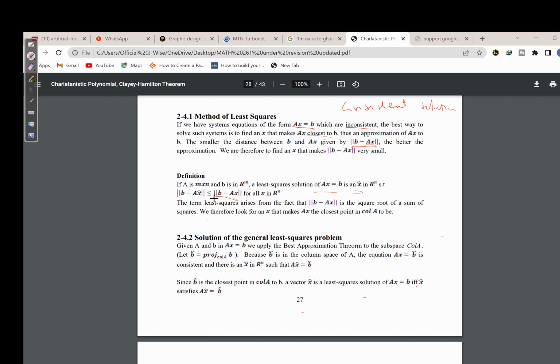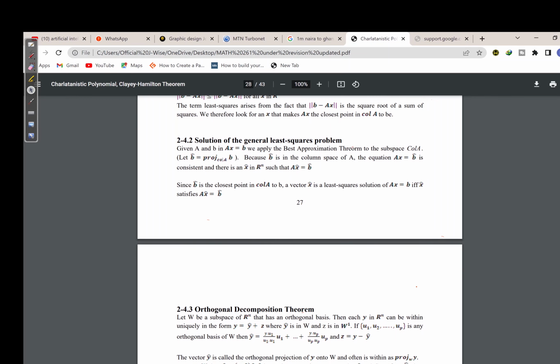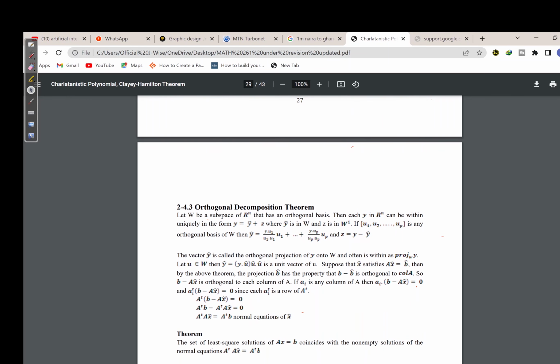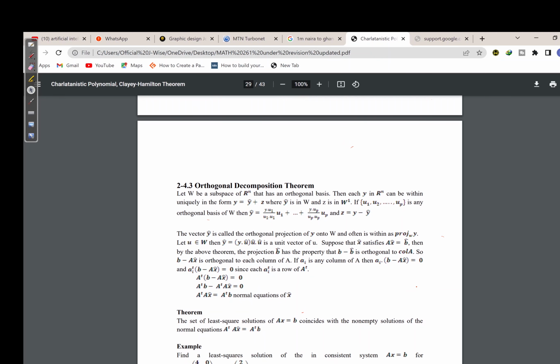This is how we solve it. We are not going through the proofs. The solution to the general least squares problem applies the orthogonal decomposition theorem. When you have any two non-zero vectors of finite dimension, let's say y and u, in a given subspace W, you can decompose y into the sum of two vectors.